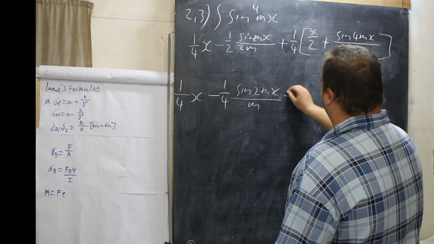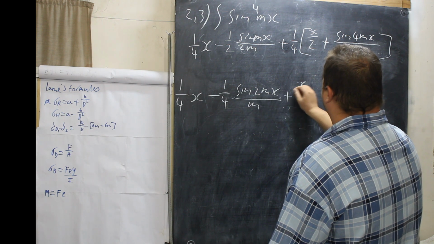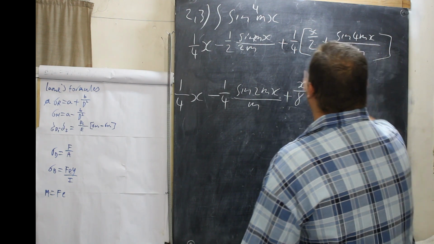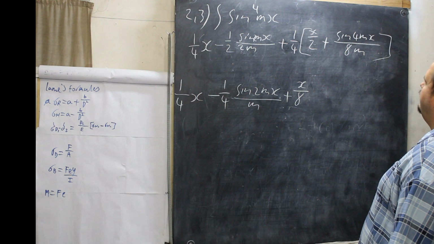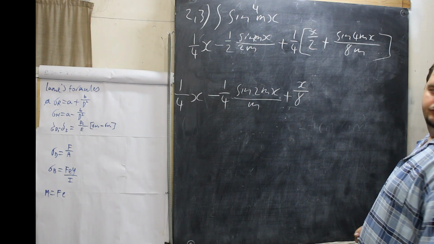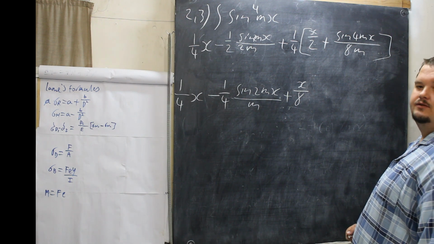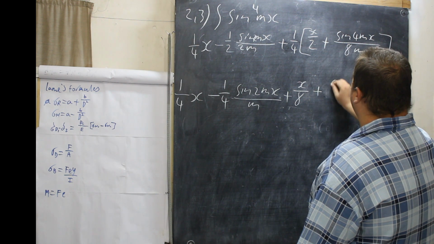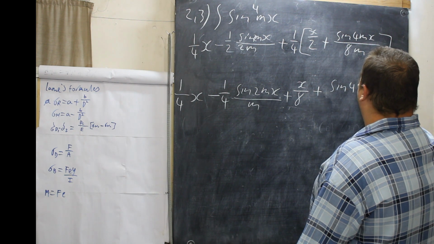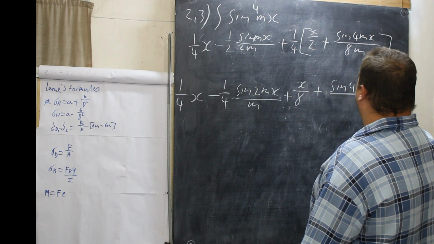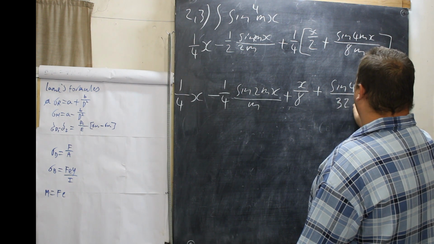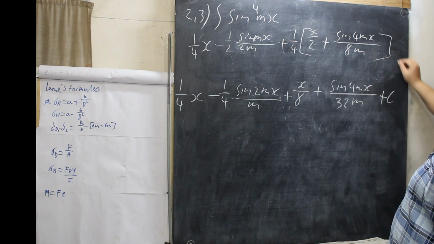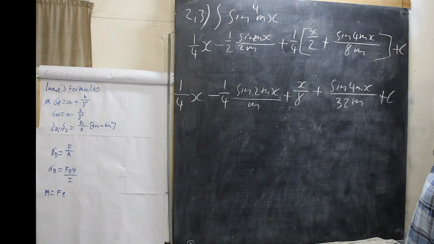So it is plus x over 8, and then the quarter times the 8th is 32. 4 times 8 is 32. So plus sin(4mx) over 32m plus c.